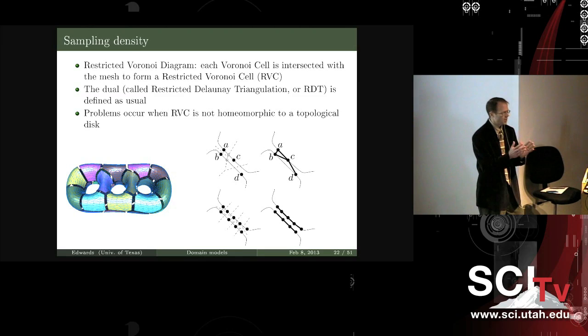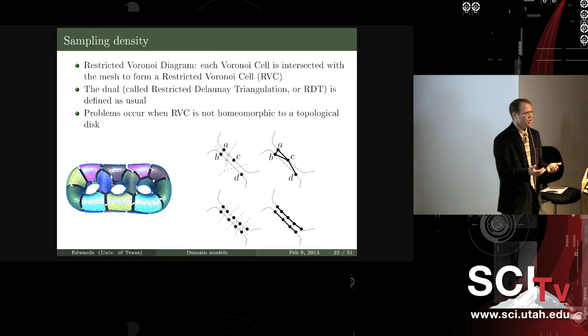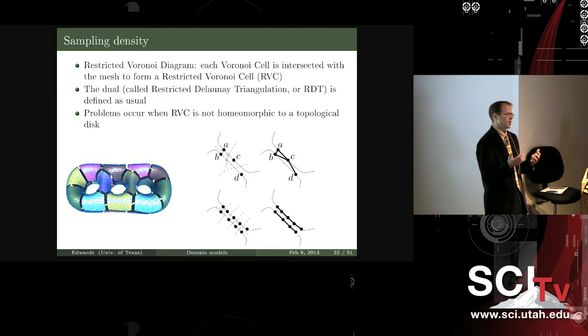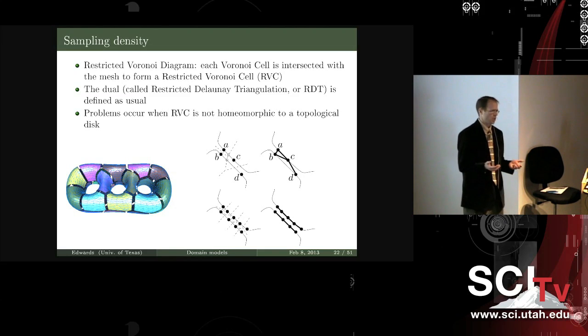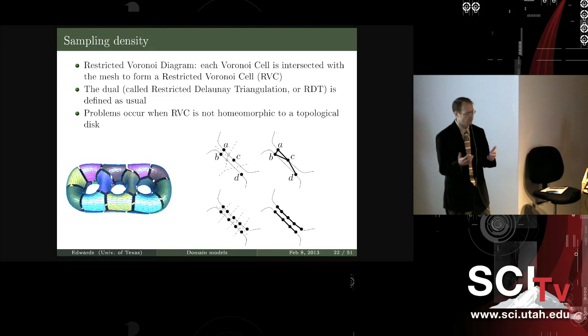And because of that, and because of the way the CVT works, it can introduce topological errors.